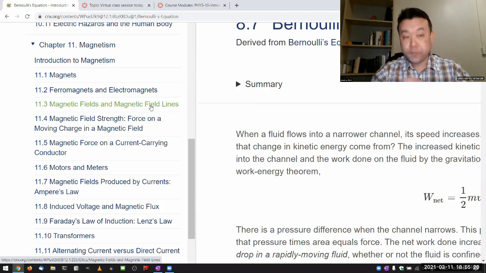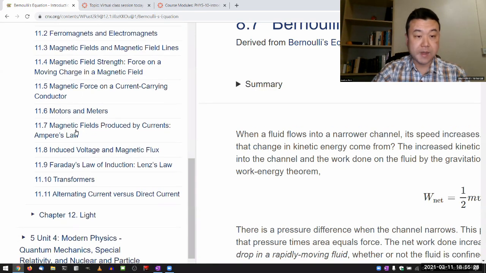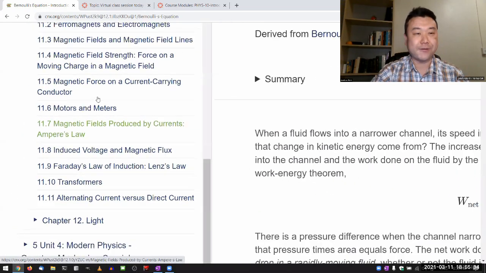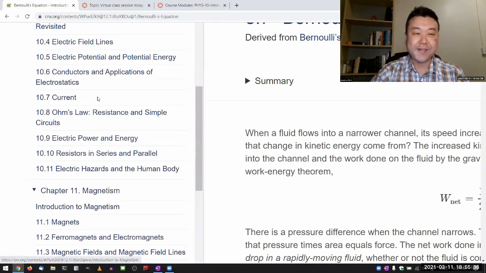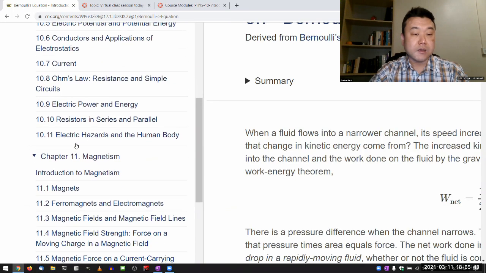Now, what connects electricity and magnetism is, at the most fundamental level, what produces a magnetic field is electrical current. And electrical current we describe in the second half of chapter 10, with the conductors and the current through the conductors.